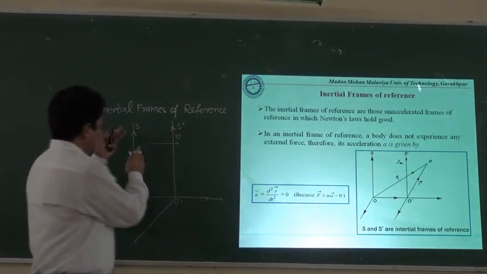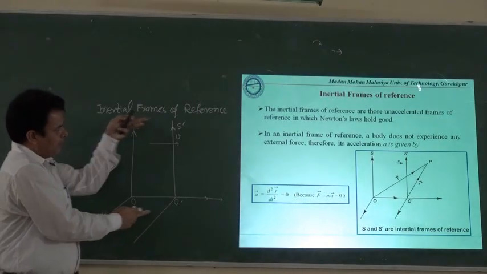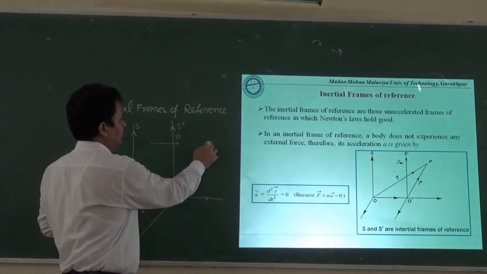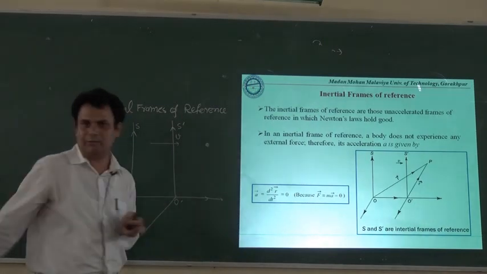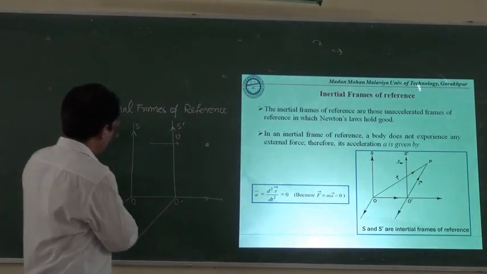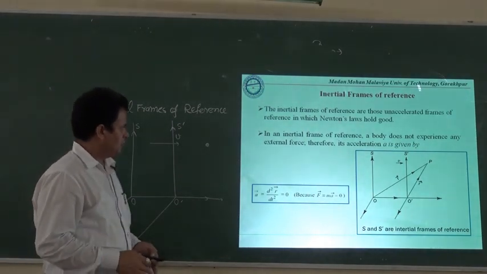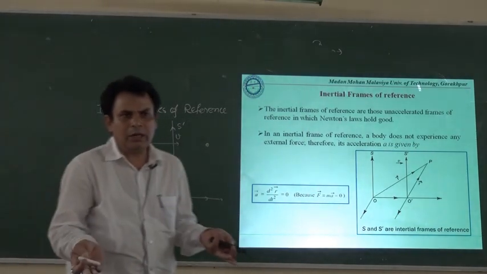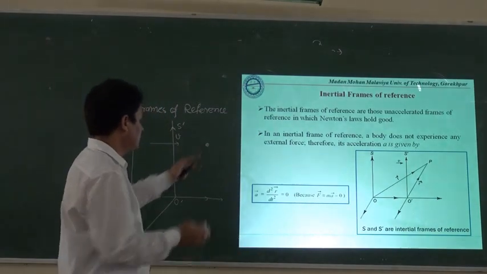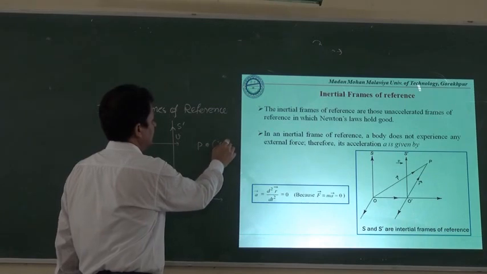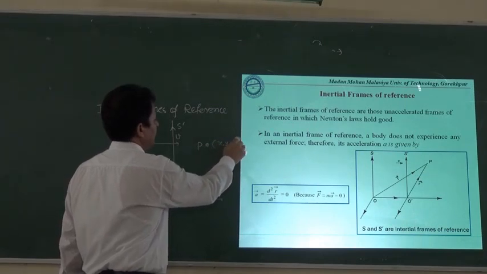By being in the S frame of reference or in the S dash frame of reference, we may have different observations for this particular event. If the observer of the S frame of reference is asked about the position of this point, let this point be P, then he or she will say that it is x, y, z and t.